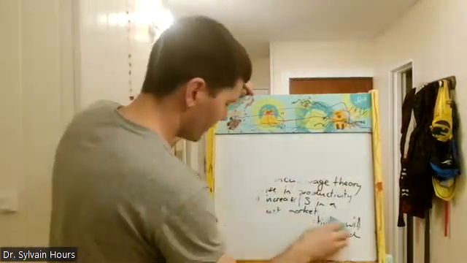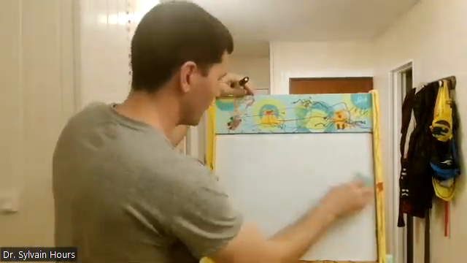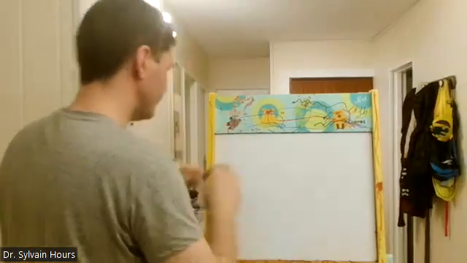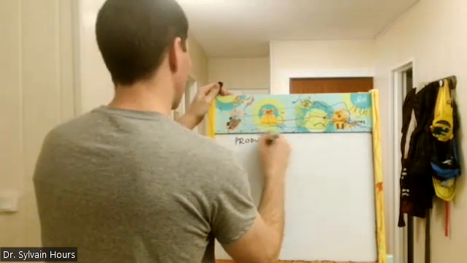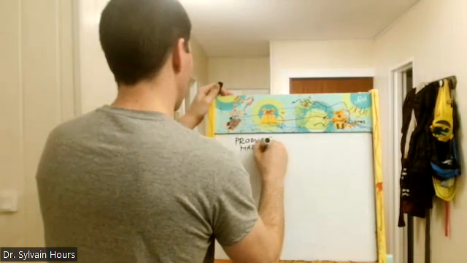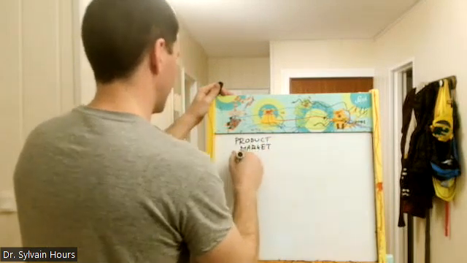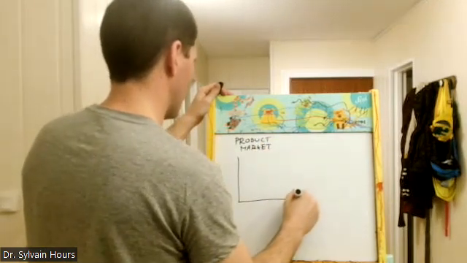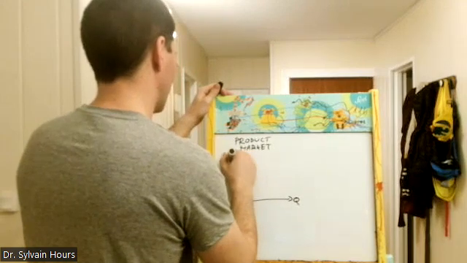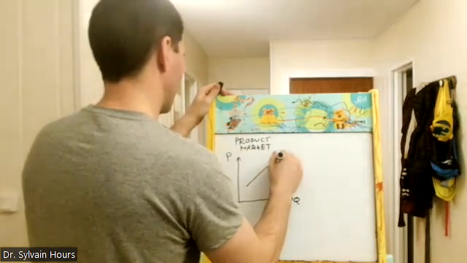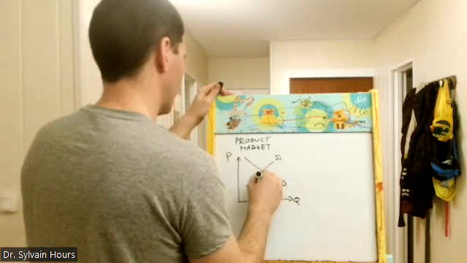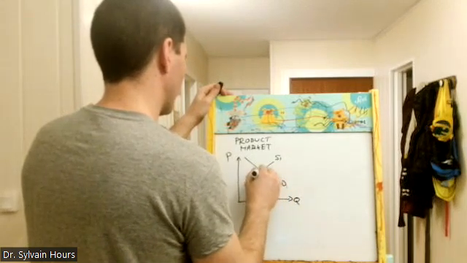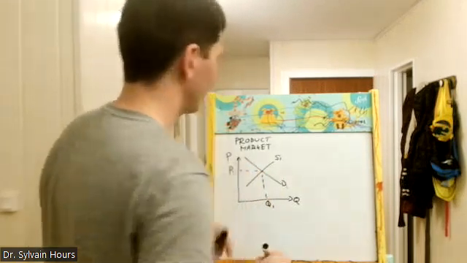If you want to graph points 3 and 4, so if we have a product market, this is the initial market equilibrium.